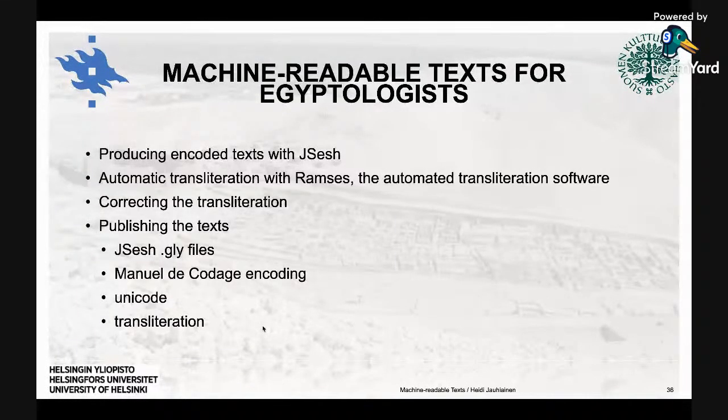And of course, the automatically produced transliteration. Even after the correction of obvious mistakes, this will still be raw transliteration, as I will not study each text. But I hope that they will be useful for Egyptologists anyway. And all these different versions of the text will be offered for free download.